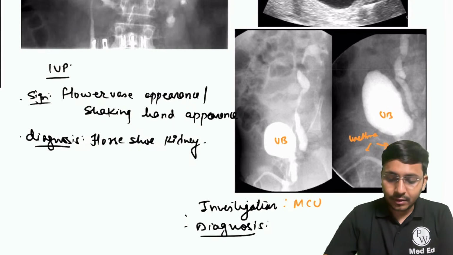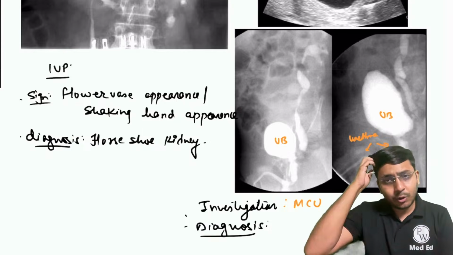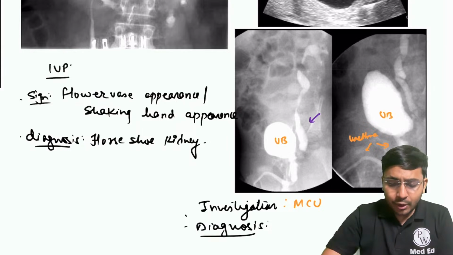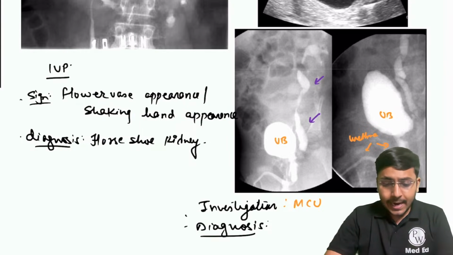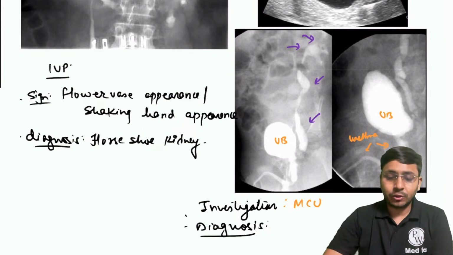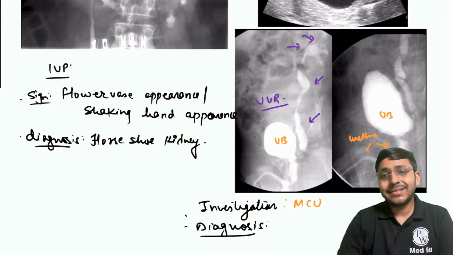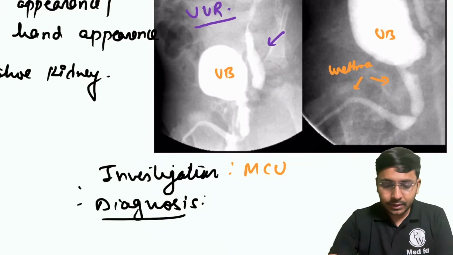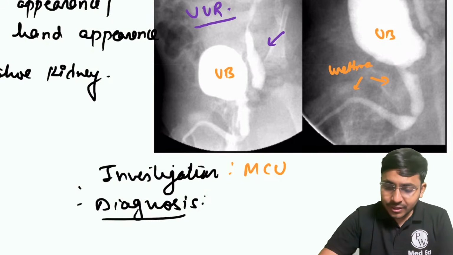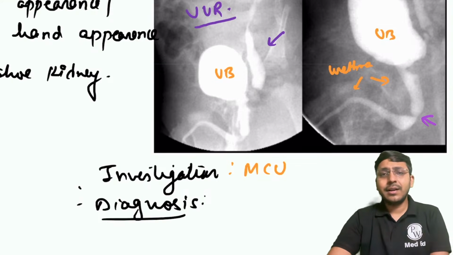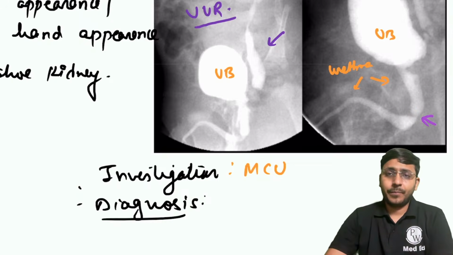And what you are seeing here is that while doing an MCU, there is filling of the ureter also, and the kidney pelvicalyceal system is also getting opacified. So this is VUR, vesicoureteric reflux happening. Now, what else is happening here? You see that in the urethra, there is a constriction at the posterior urethra, right?